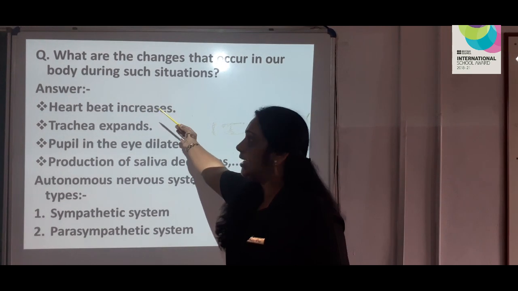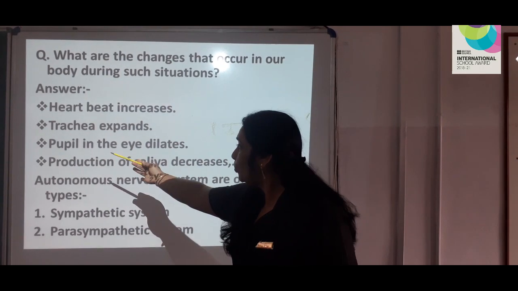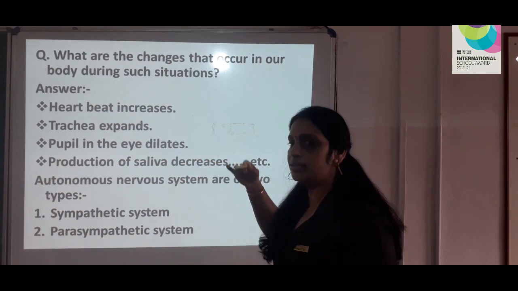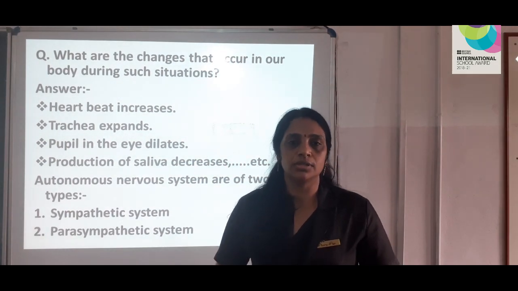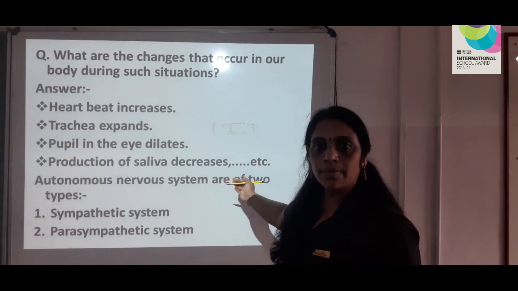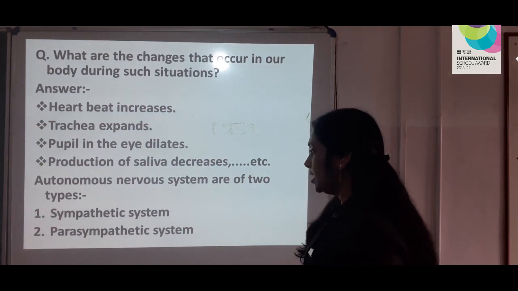Here, heartbeat increases, trachea expands, pupil in the eye dilates, production of saliva decreases. All these are the changes, and more changes are also taking place there. Next, the autonomous nervous system is of two types, sympathetic and parasympathetic.